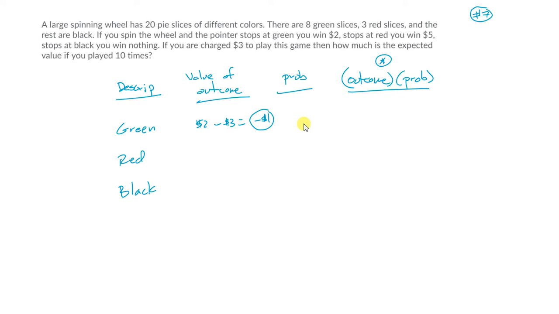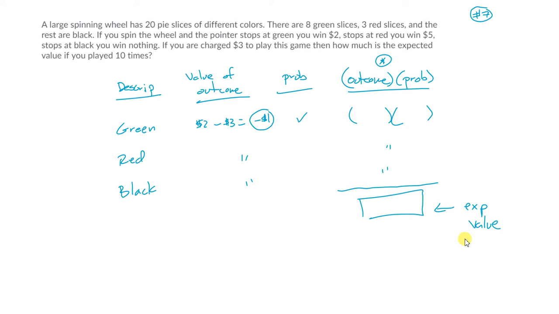I'll leave that up to you guys. Then you're just going to multiply outcome times probability. We're going to compute, and then add these up, and that total is my expected value. It's pretty straightforward.